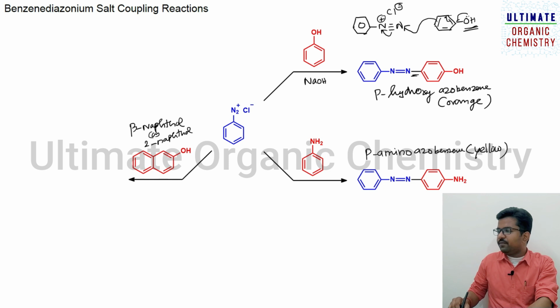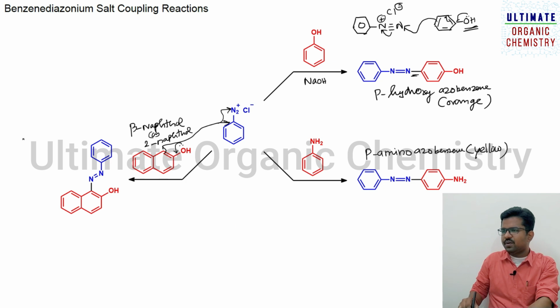So when beta naphthol is reacting with benzene diazonium salt, this first position will be more reactive in nature, because this lone pair will push towards this carbon atom, and this electron will attack here, and it will lead to the formation of the azo dye. So how is this forming?